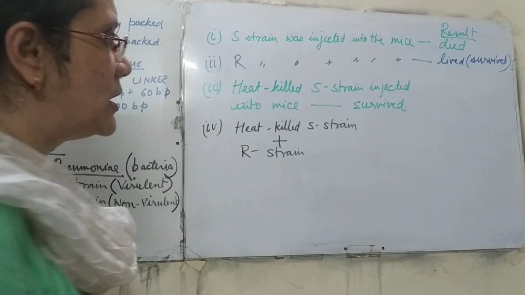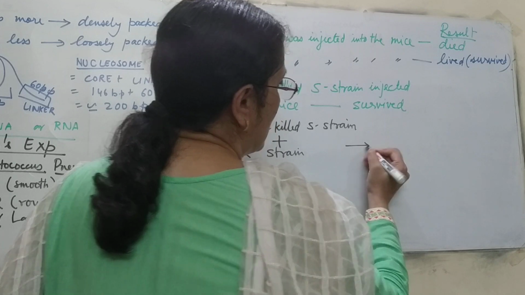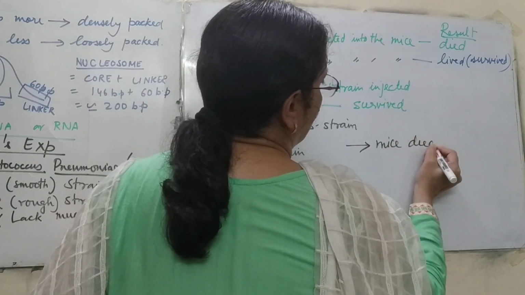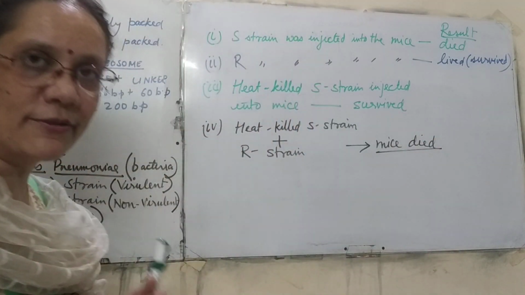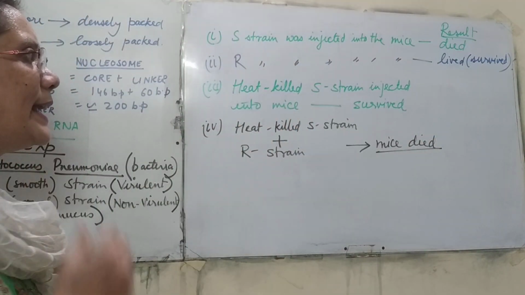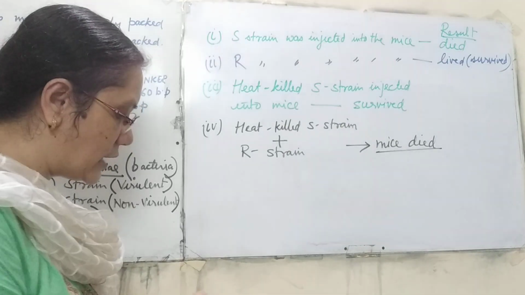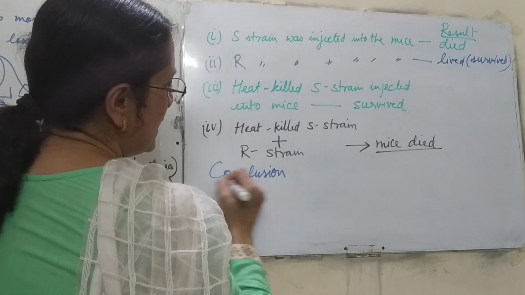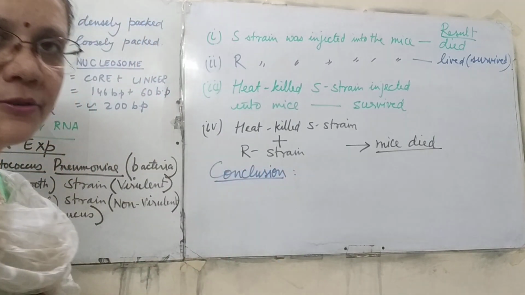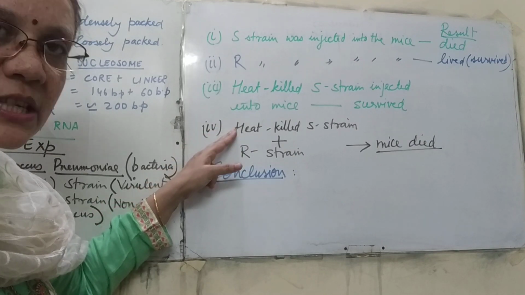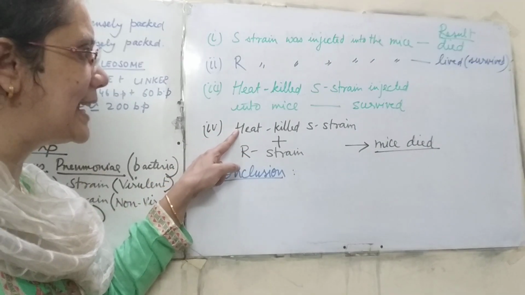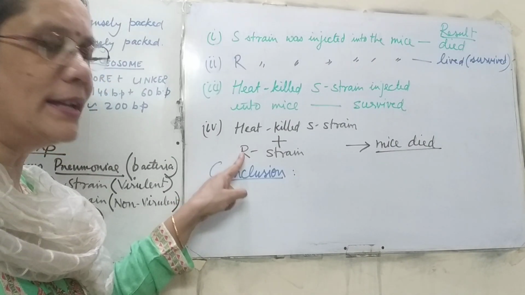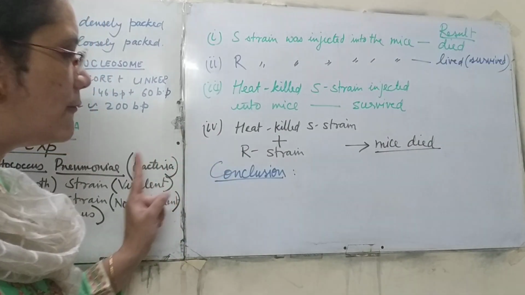But his observation was completely different. He saw that the mice died. The mice should have survived. So he came to the conclusion that something must have transferred from the heat killed S strain to the R strain, and it made this R strain virulent.